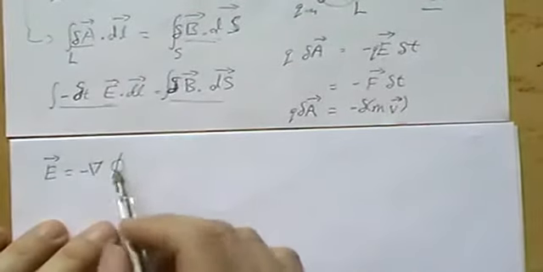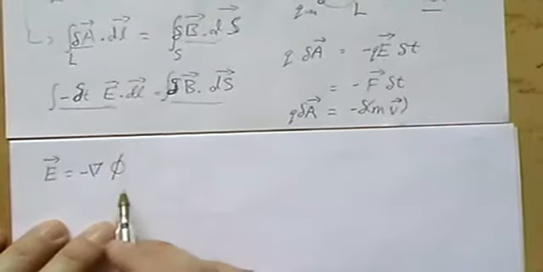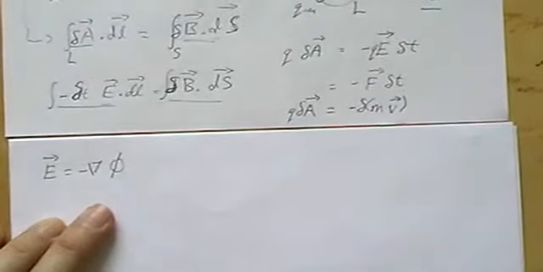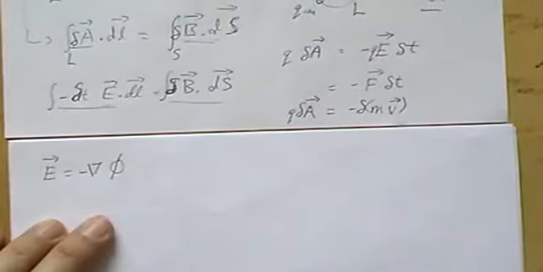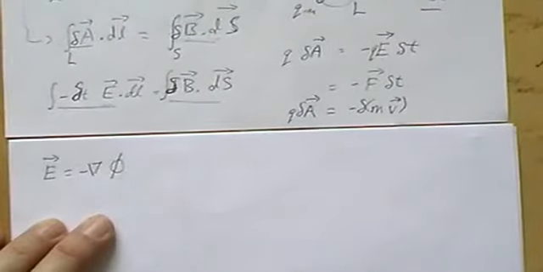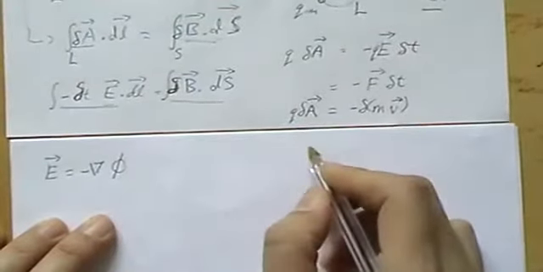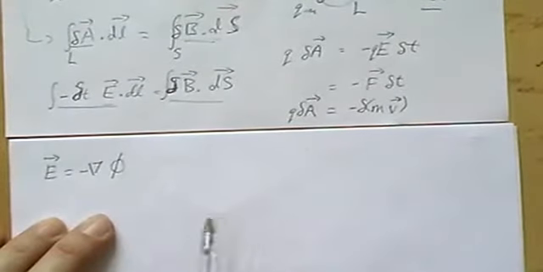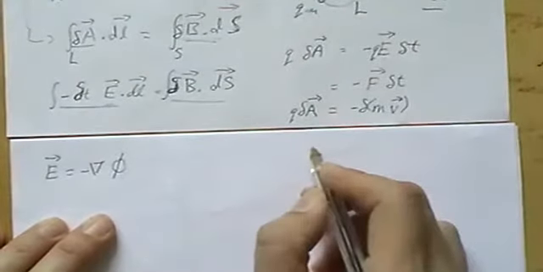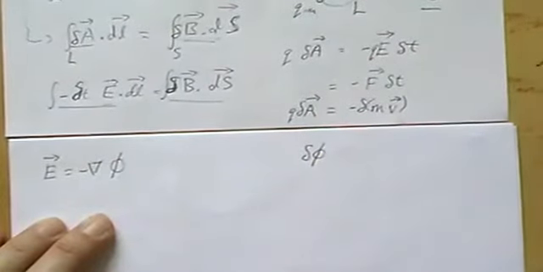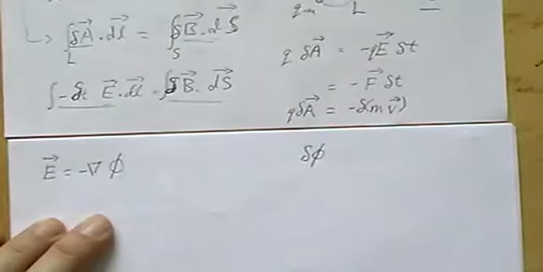And if you remember how we use electric potential, we think of it as work done on a charge. Work done per unit charge, in fact. So if I move a charge from one point to another, I would have a change in potential.